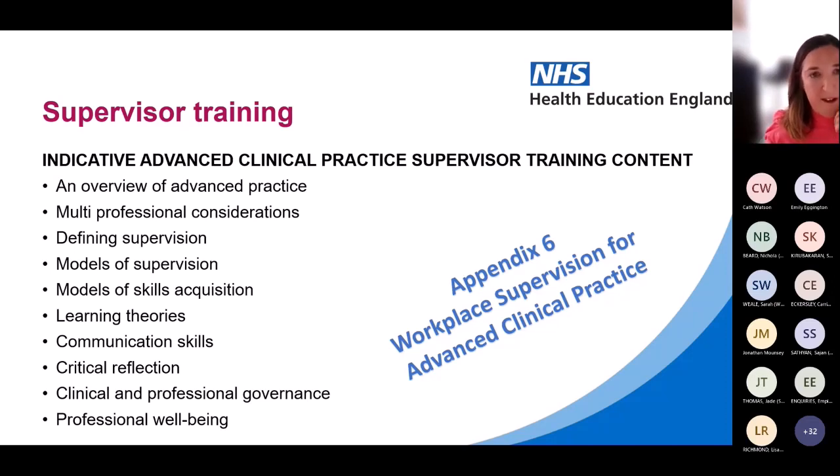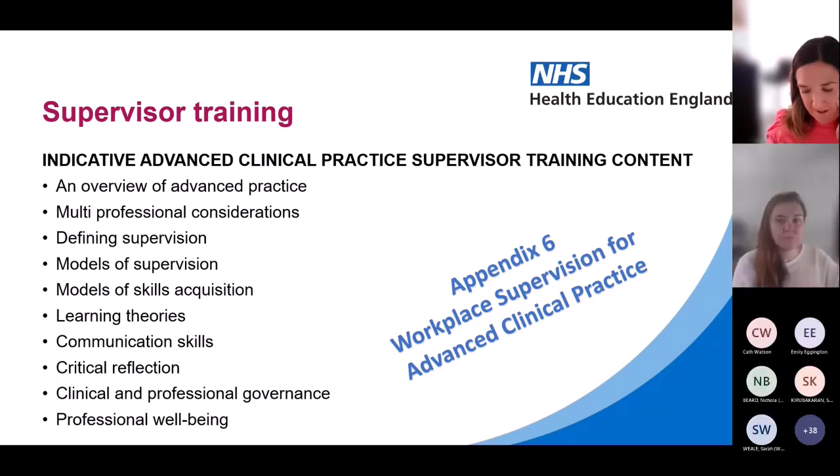So where do our supervisors fit in with this? How does their training mean that they're fit for purpose, and we've got that assurance and governance there? And really important as well is professional well-being, not just for our trainees, but also our supervisors, and making sure that's incorporated into our training. We want our supervisors to be able to look after themselves as well as their trainees.